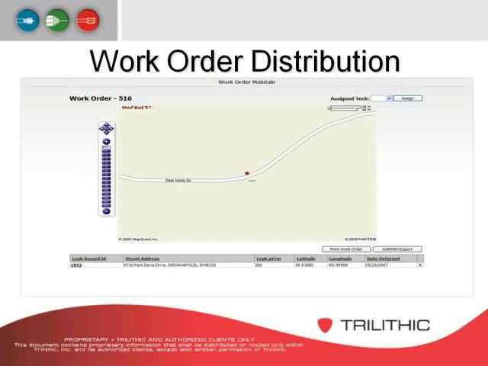I mentioned that you receive your work orders via email. You'll get a work order, and it'll show you where the leak is, the address of that particular leak, and the microvolt reading of that leak.